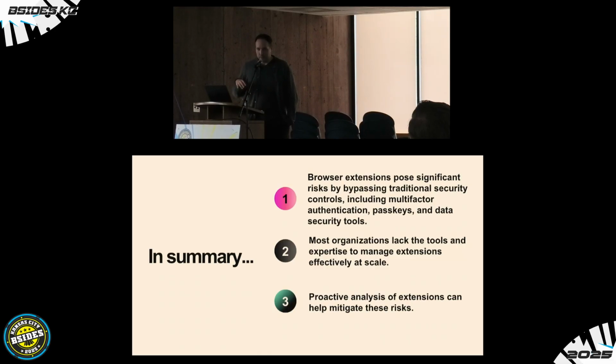But once these session tokens are grabbed through a compromised browser, it can bypass things like passkeys, 2FA, all sorts of stuff. Most organizations lack the tools to really understand a browser extension or to evaluate one at scale. So I'm hoping that my tool will provide teams the ability to do that.